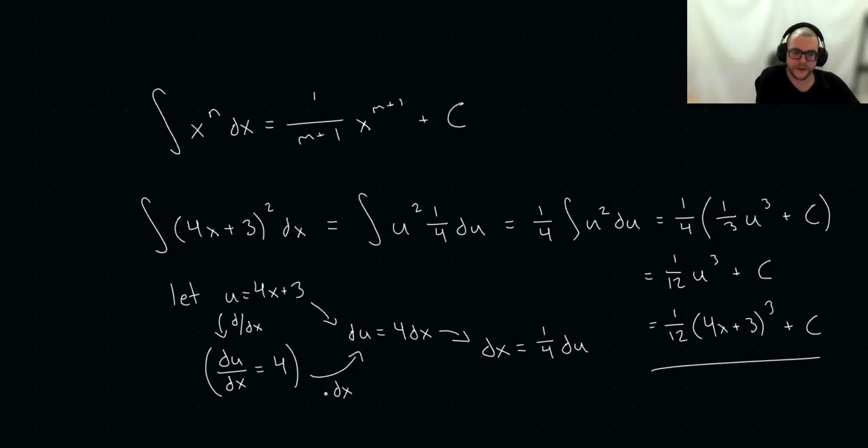Oftentimes you could guess and check your way to what the antiderivative should be, but the u sub is a more consistent way to make sure, albeit maybe a little slower. As you do it more often, you might get used to what happens for various simple forms, simple integrals.